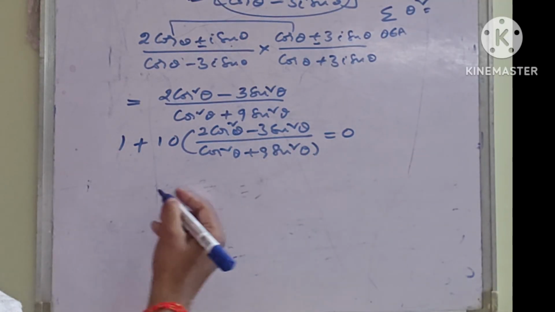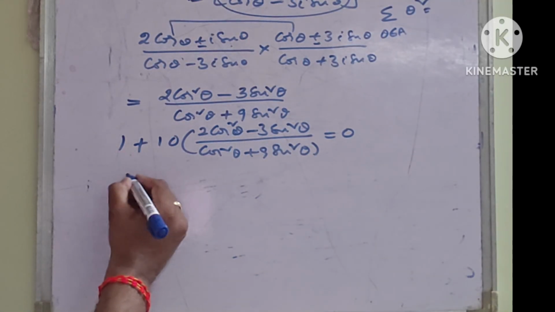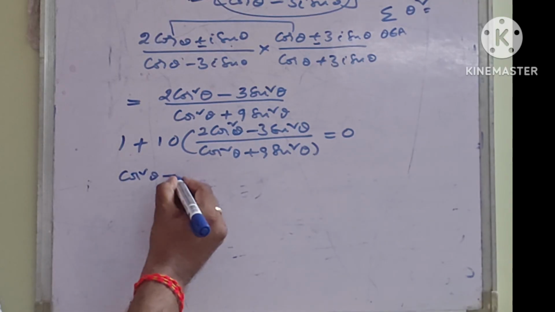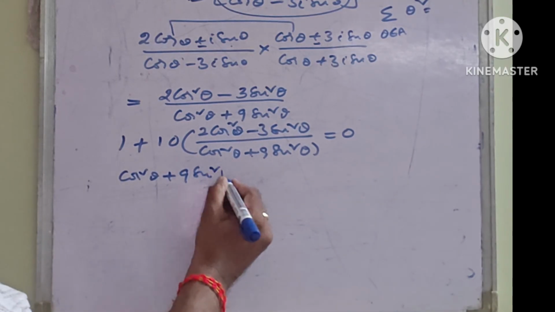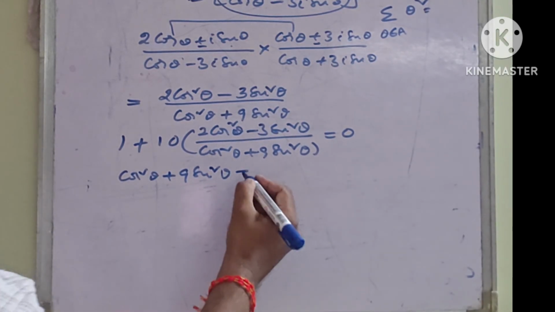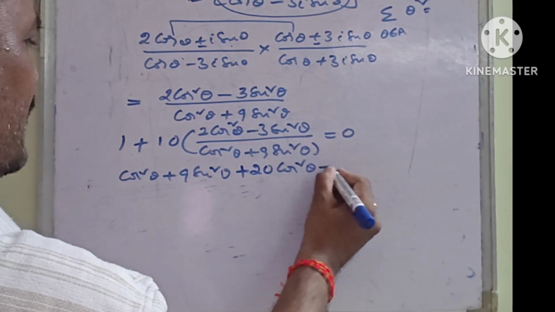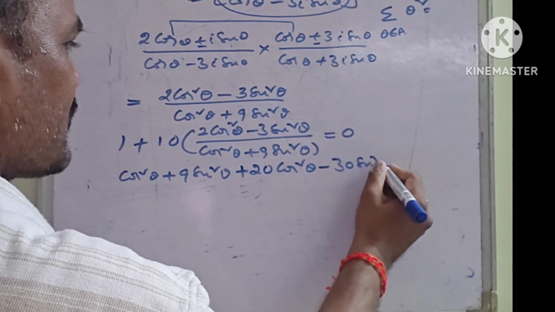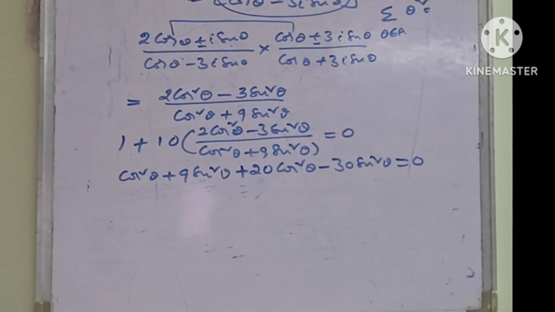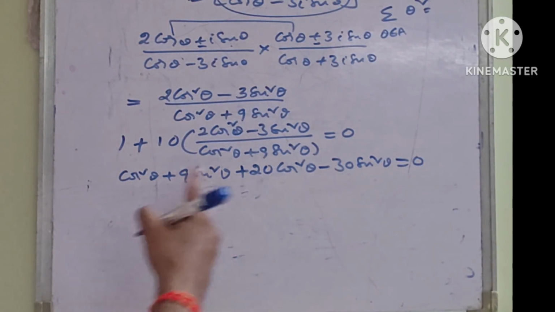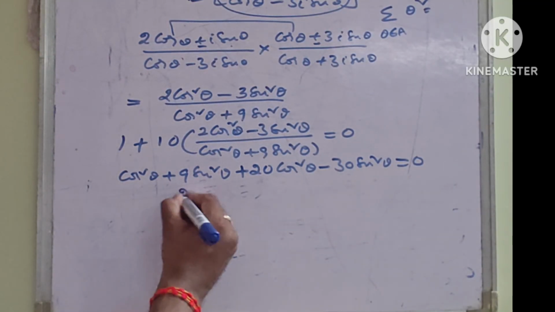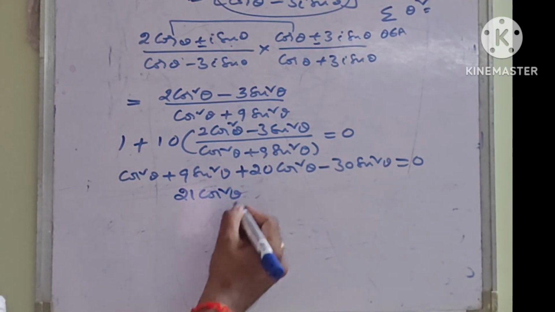Now LCM and cross multiplication. Here cos square theta plus 9 sin square theta, plus 20 cos square theta minus 30 sin square theta is equal to 0. Here 20 cos square theta plus 1 cos square theta is 21 cos square theta.